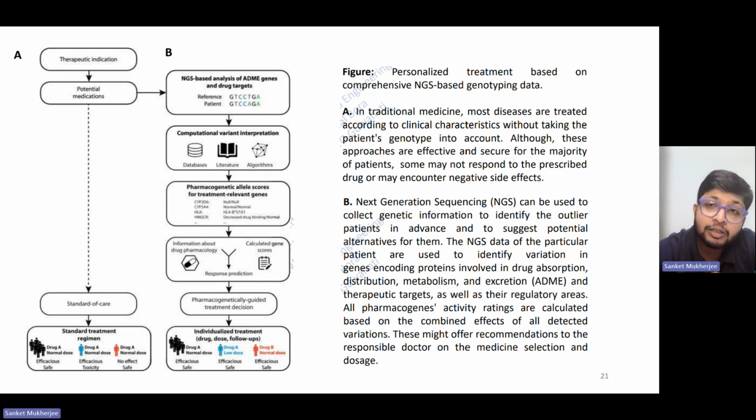In a lot of situations, the medicines are only effective for specific races or ethnicities as well, because there are differences in the genome based on these features. So these kinds of problems can be solved using next generation sequencing.